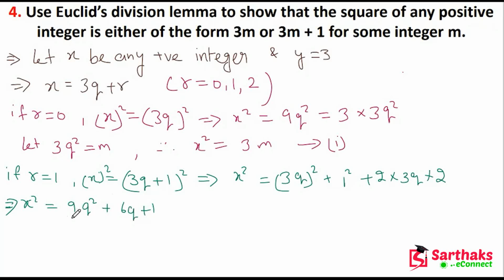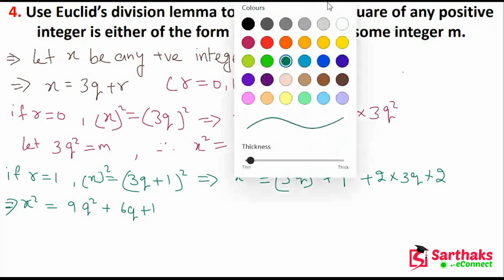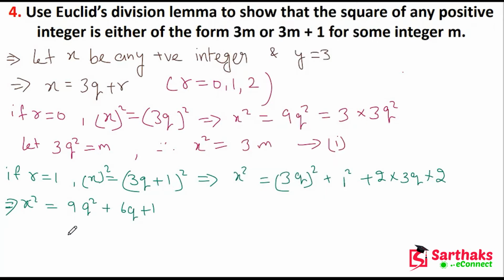Now we have to take the common factor from 9q square plus 6q. Please listen to me very carefully, here is a twist.